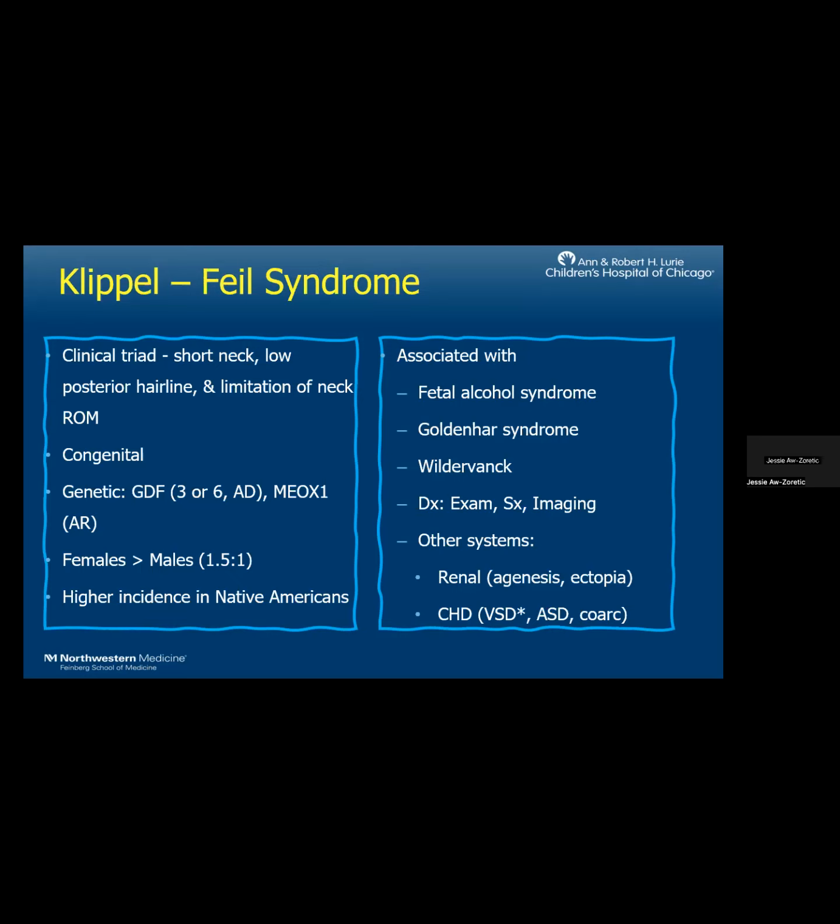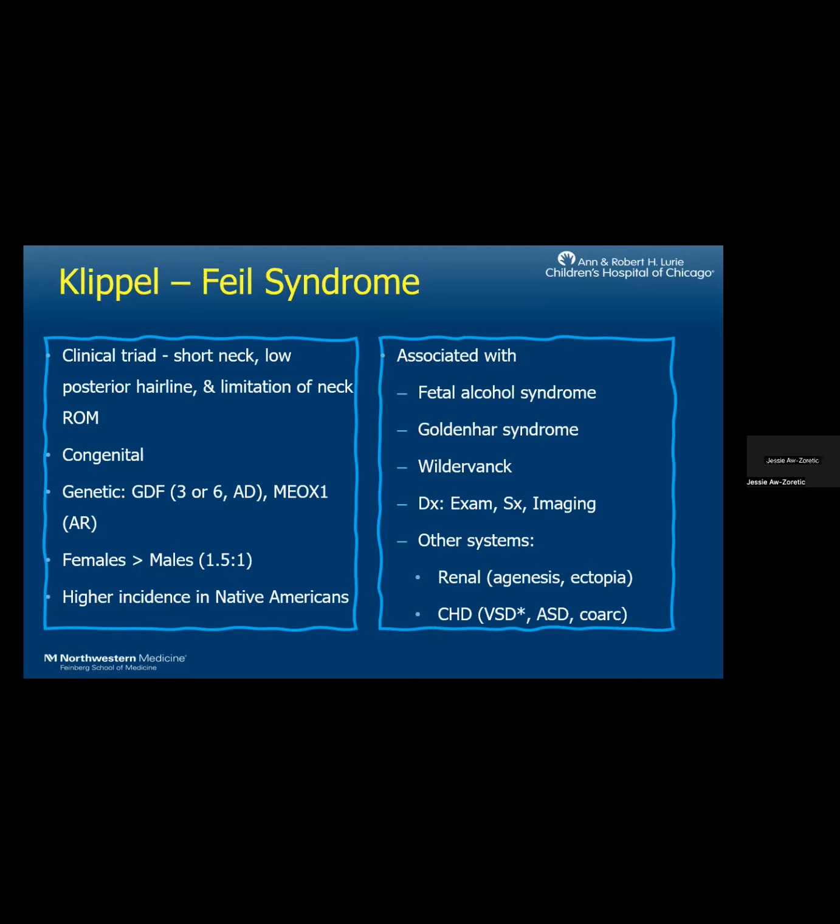This is a congenital, developmental anomaly, and there are both sporadic mutations that occur, or it can be inherited, with some families found to have mutations in GDF3 or GDF6, and there's also another genetic anomaly of MEOX1. The GDF is thought to be involved in proper bone formation.